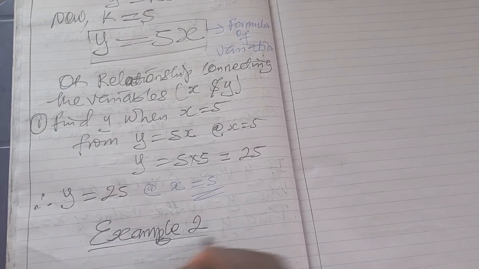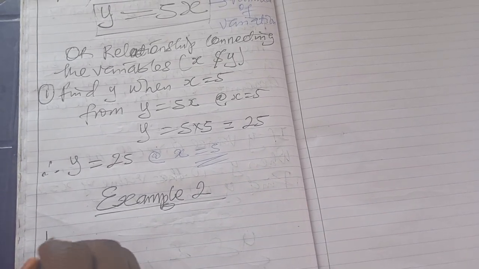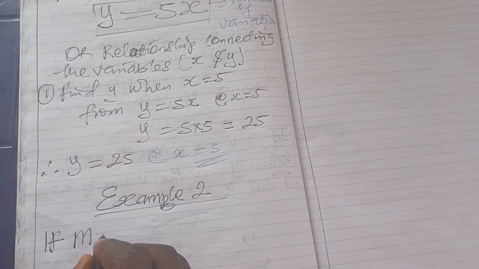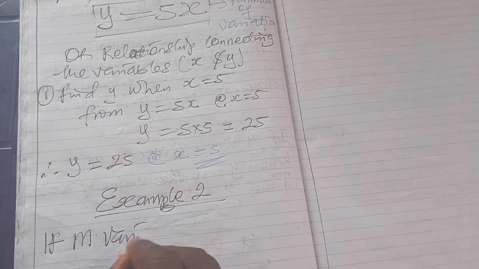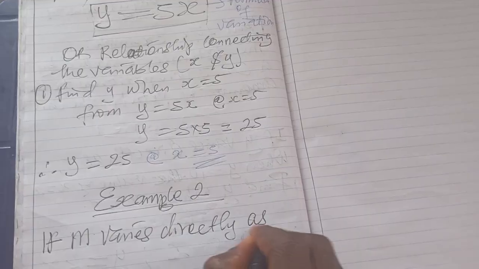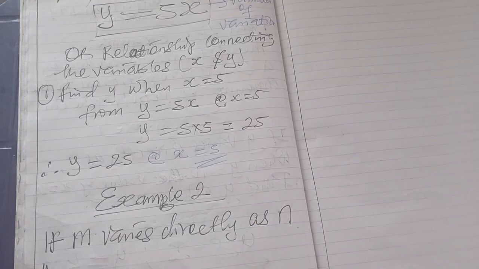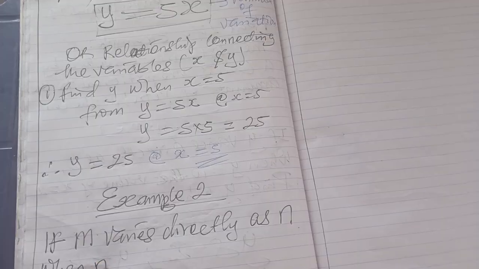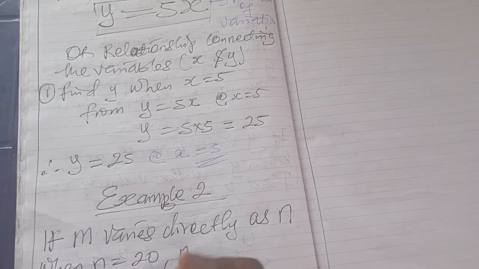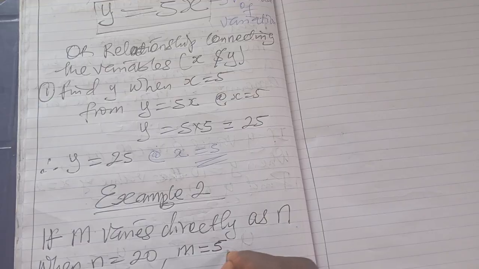Example 2: if m varies directly as n, when n is 20, m equals 5.